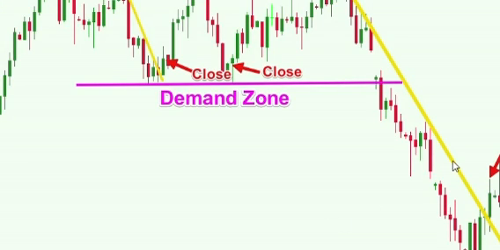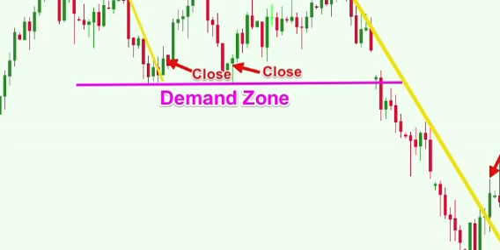Now, sometimes demand zones can be a supply zone. Let me repeat again. Sometimes a demand zone can be what? A supply zone. Now, when the market is in an uptrend, the market gets to a certain supply zone and drops back to the demand zone.